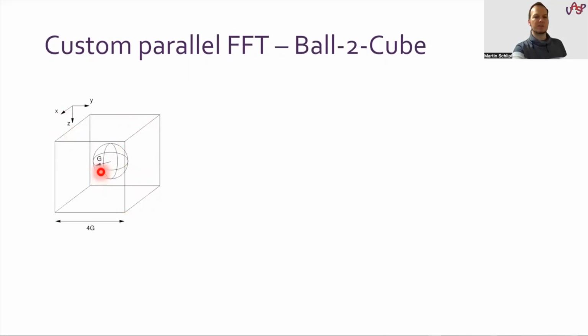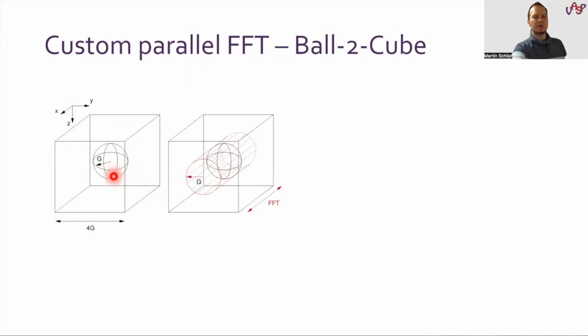So what we do instead is we go in sequence, first from this cube to a cylinder shape. Here you can see that we transform along one of the axes, and then the cube turns into a cylinder. This can still be done on a single CPU without communication, even if you parallelize over the grids.